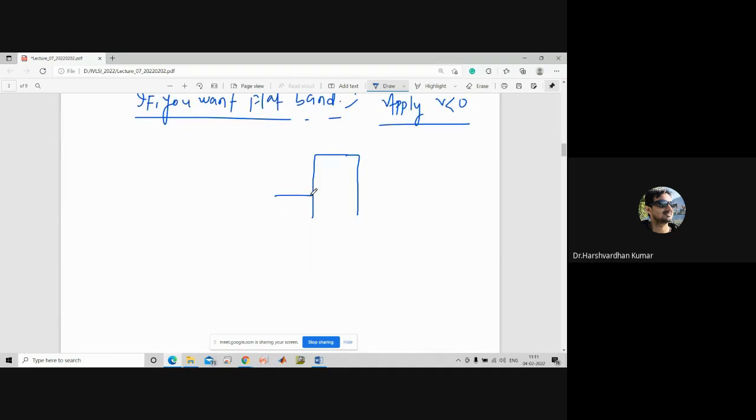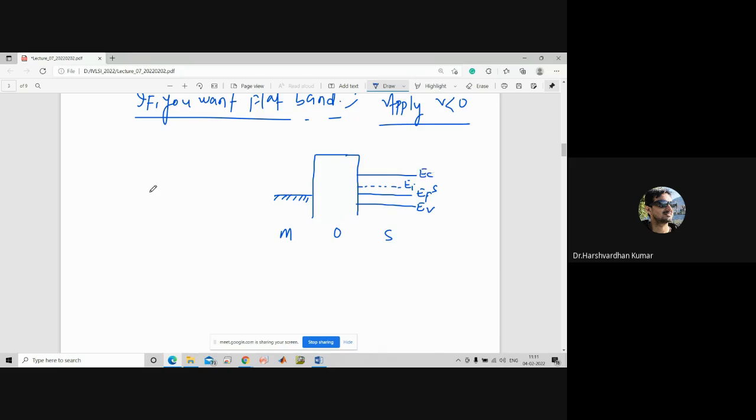In that case you will get the flat band, like that: metal, oxide, and semiconductor. This is EV, EI, and EC.